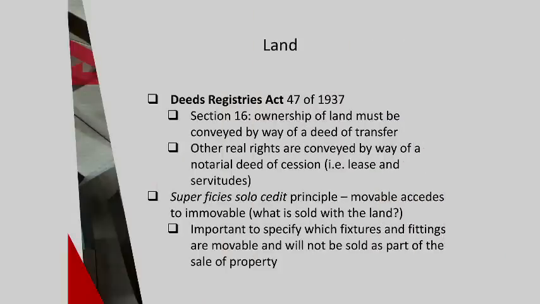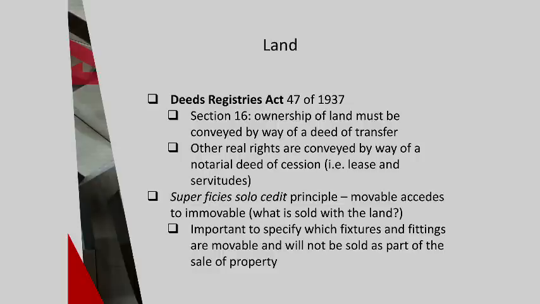Okay, then there are, of course, statutory requirements with regards to passing of ownership of land. Firstly, Section 2 of the Alienation of Land Act states that when it comes to selling immovable property, it has to be contained in a contract of sale. It has to be in a deed of alienation. So that's why you can't have a verbal agreement for the sale of a house, for example. It has to be in writing.